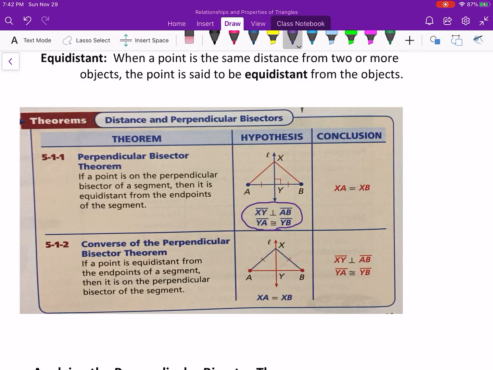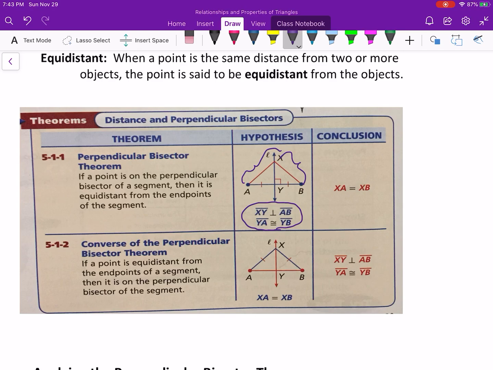The second part of the theorem says, then it, meaning X, is equidistant from the endpoints of the segment. So that means X is the same distance from A as it is from B. So the two line segments that are in red are also equal.